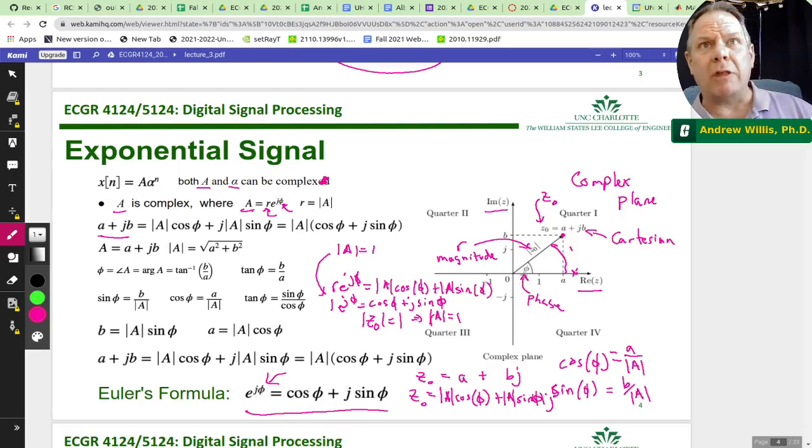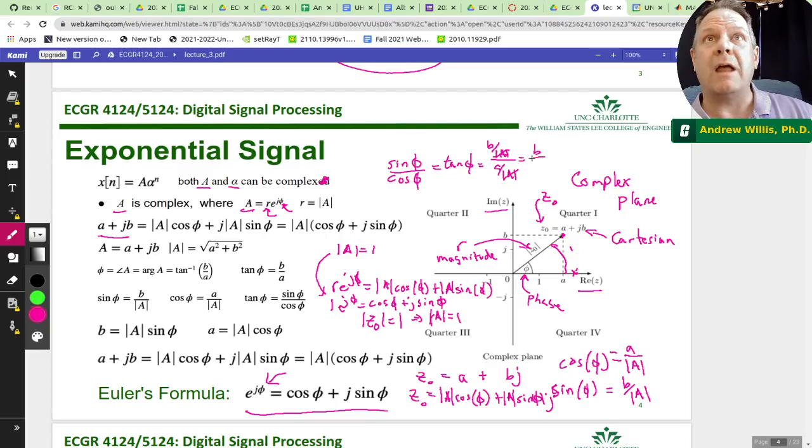Now the way to actually get back phi: sine of phi over cosine of phi is equal to tangent of phi, right? And if we divide sine of phi, which is b over magnitude of a, by a over magnitude of a, the magnitudes of a cancel.